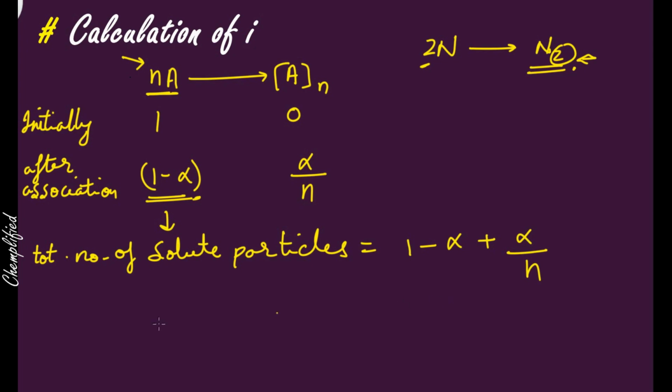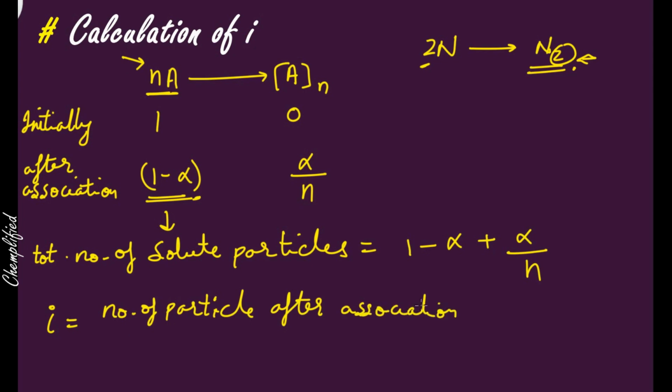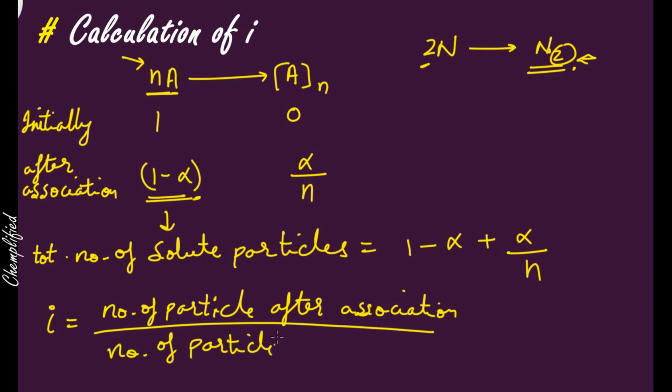Now the Van't Hoff factor i is equal to the number of particles after association upon the number of particles before.